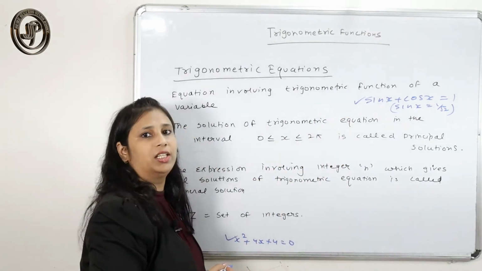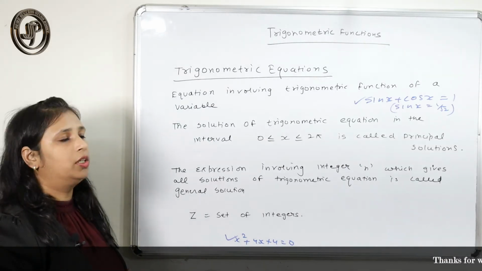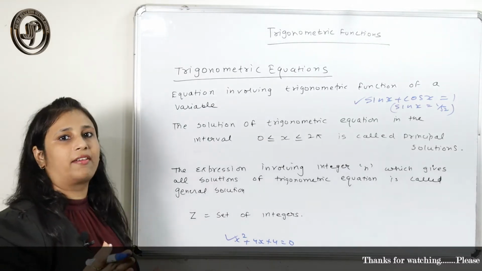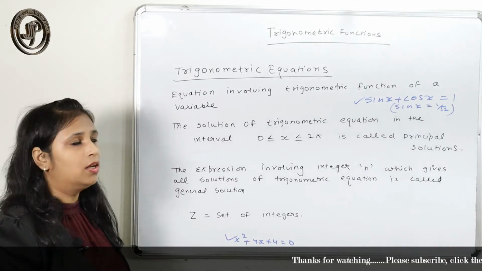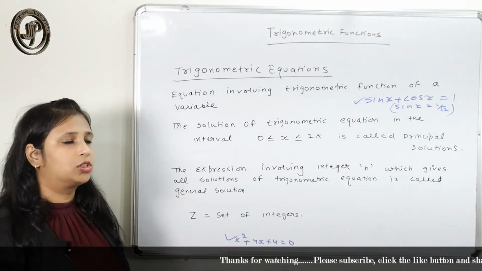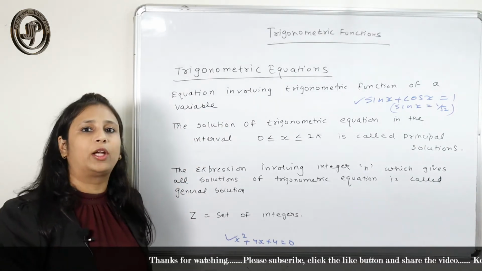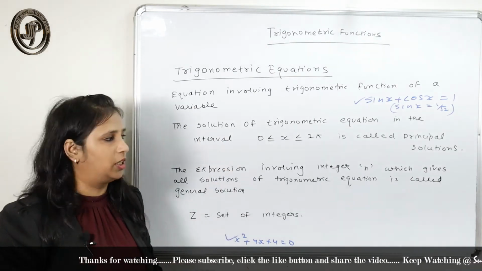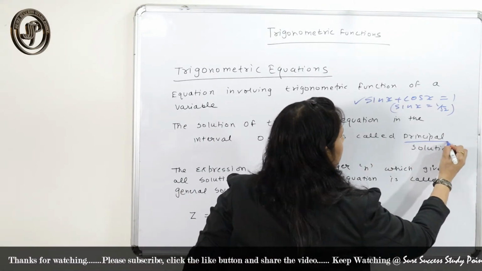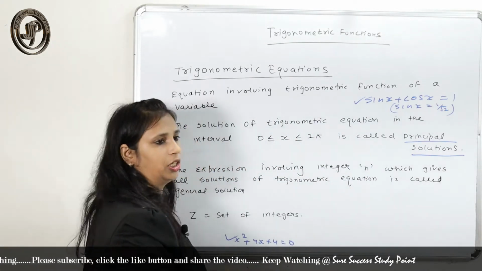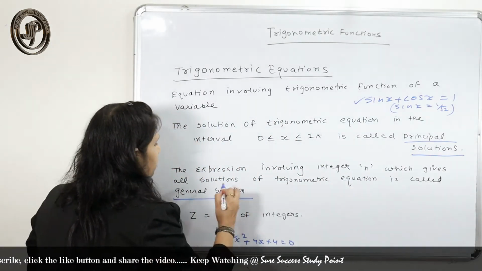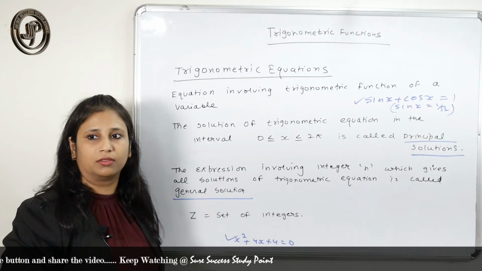Similarly, if the equation is defined on that range, then the solution is possible. Trigonometric equations have two types of solution. The first one is the principal solution and the second one is the general solution.